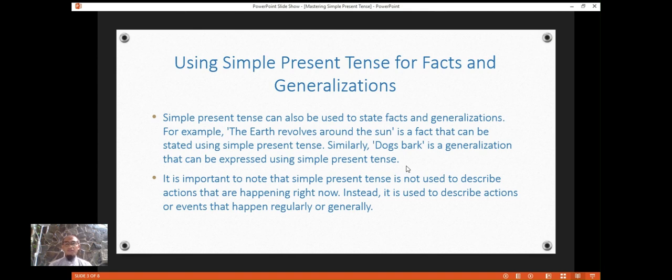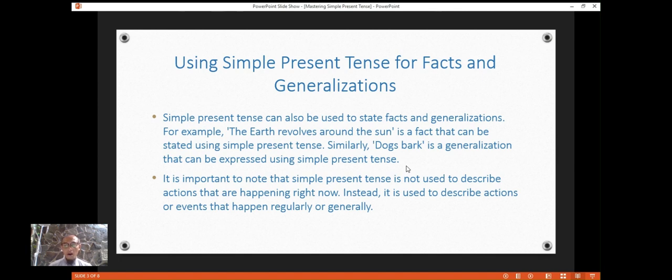Using simple present tense for facts and generalization. Simple present tense can also be used to state facts and generalization. For example, "The earth revolves around the sun" is a fact that can be stated using simple present tense.